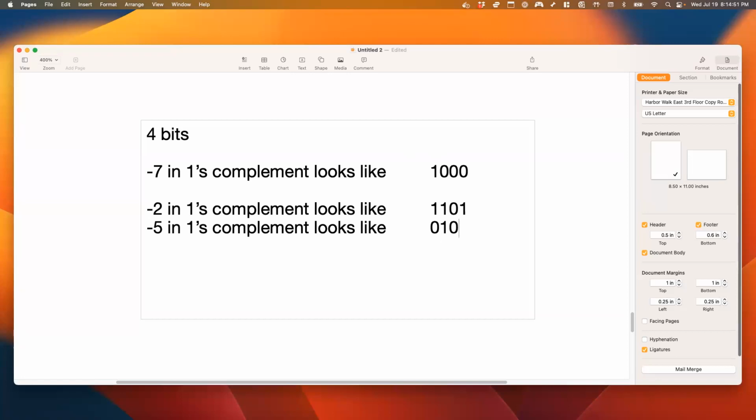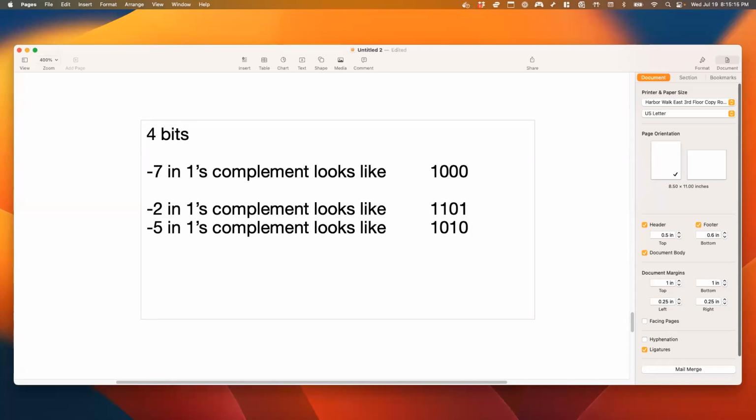So we start with 5 and then we swap. So it becomes 1 0 1 0. So this is -5. Do we have any questions about any of that? Okay. It seems that there are no questions.